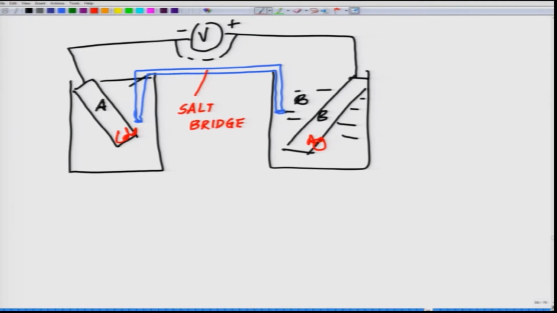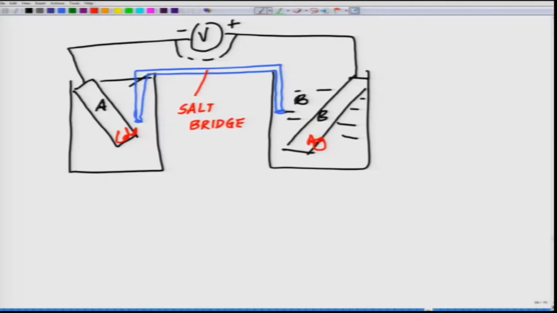Now, in all these situations, we have assumed that both electrodes are different. Now think of a situation where I have the same electrode on both sides. Will the current flow in this direction or that, whichever direction, it does not matter? Will the current flow across it or not? How can it flow?